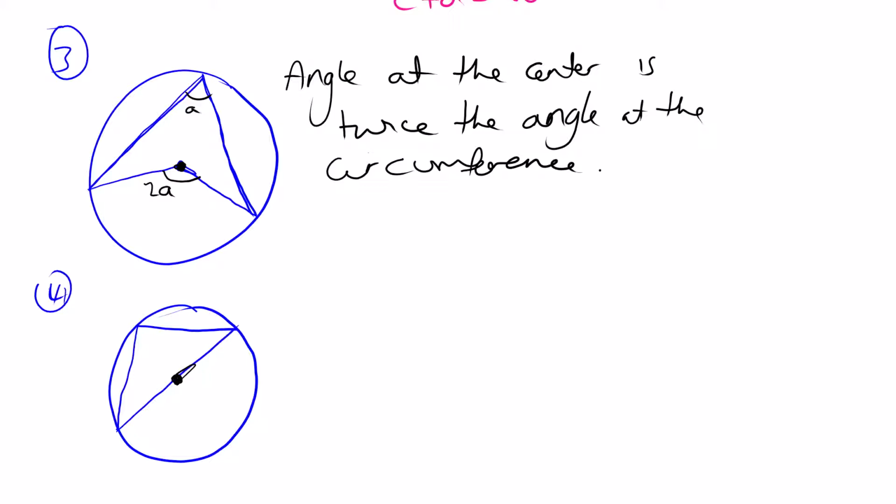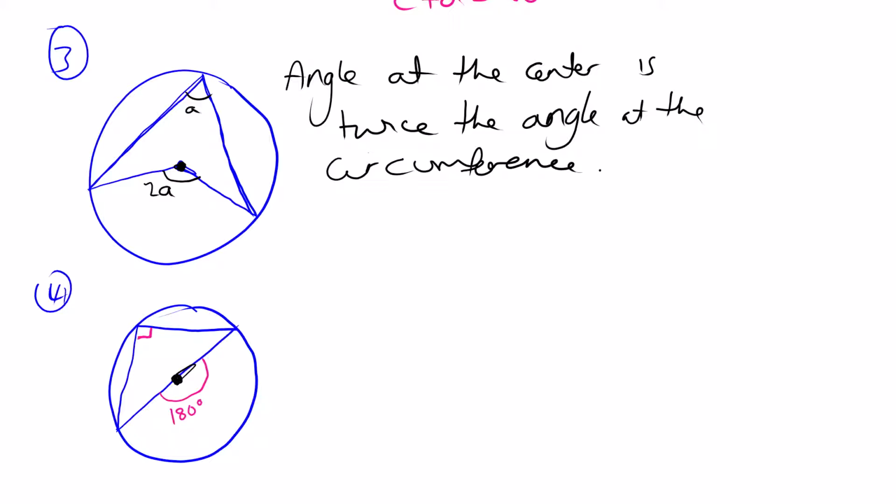This being a diameter, it's a straight line, so the angle at the center is 180 degrees. Using theorem 3, which states that the angle at the center is twice the angle at the circumference, we can say that the angle at the circumference is 90 degrees. Half of 180, 90.